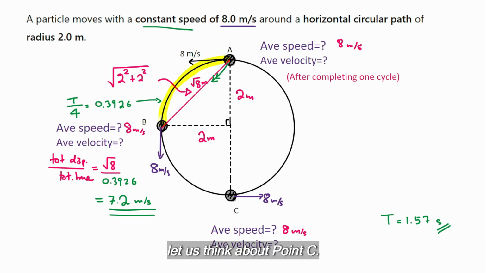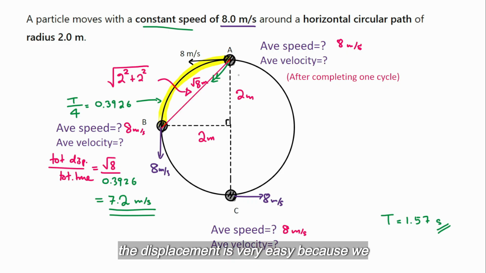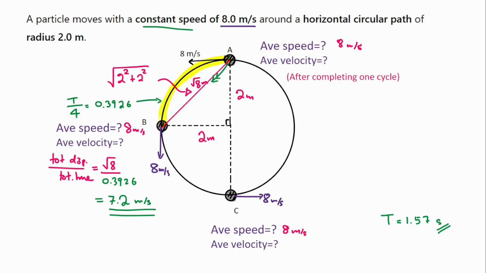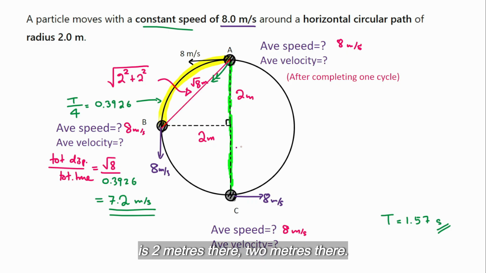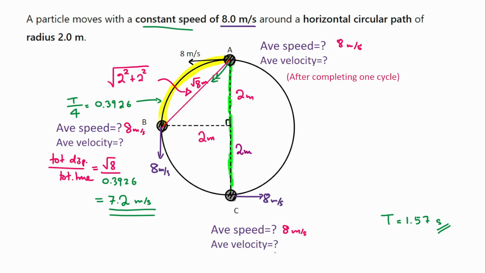Now, let's think about point C. We need to find the average velocity. So what we need to do is find the total displacement and divide it by total time. Now, the displacement is very easy because we start from A and the path doesn't matter, we end up at C. So we can see the displacement is 2 meters there, 2 meters there, that will be 4 meters.